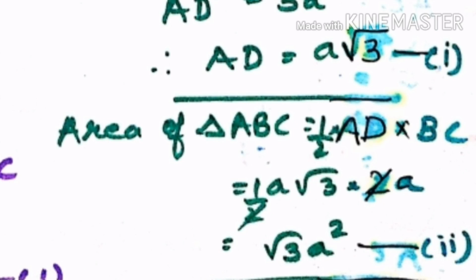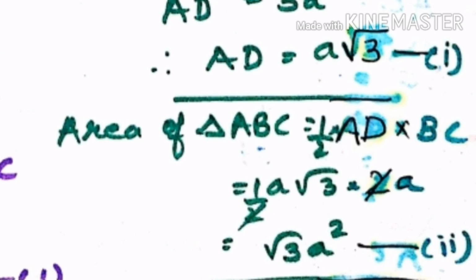Now for the second proof, the area of triangle ABC. We all know the formula for the area of a triangle: half into AD, that is the height, into BC, which is the base. Now we substitute the values here: half, AD value a root 3, and BC value 2a.